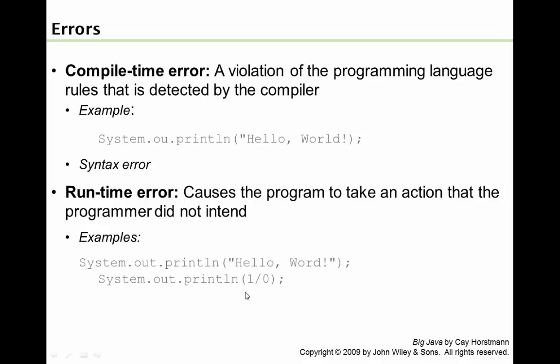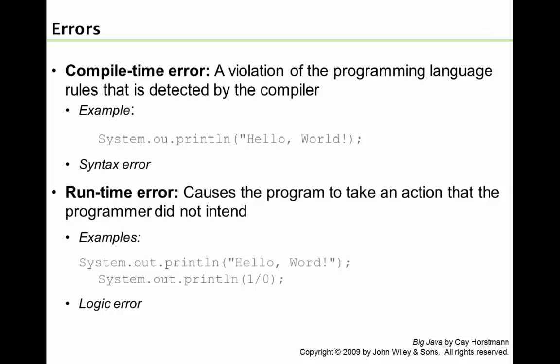Say here, if you deliberately tried to divide by 0, that'll pretty much kill any program being run by a computer, because remember that dividing anything by 0 is undefined, and the computer doesn't know what to do with that, so it throws an exception and then your program is done. So that's a runtime error. Typically these are logic errors.